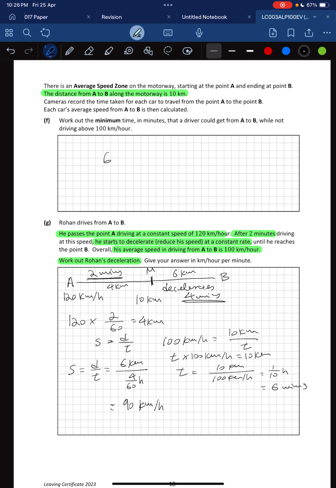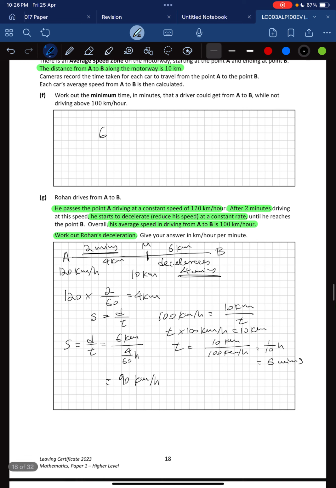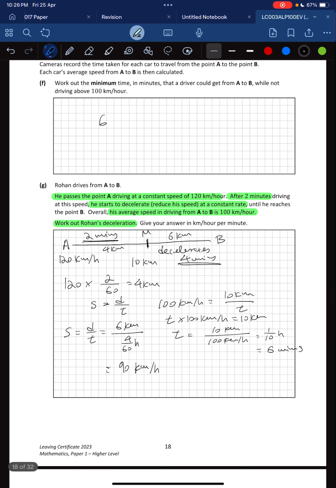So since it's 90 kilometers per hour and we know that the deceleration is constant, we know that the starting speed here, which is 120 when it reaches M, because from A, for the 2 minutes, it's still going at constant speed 120, right?